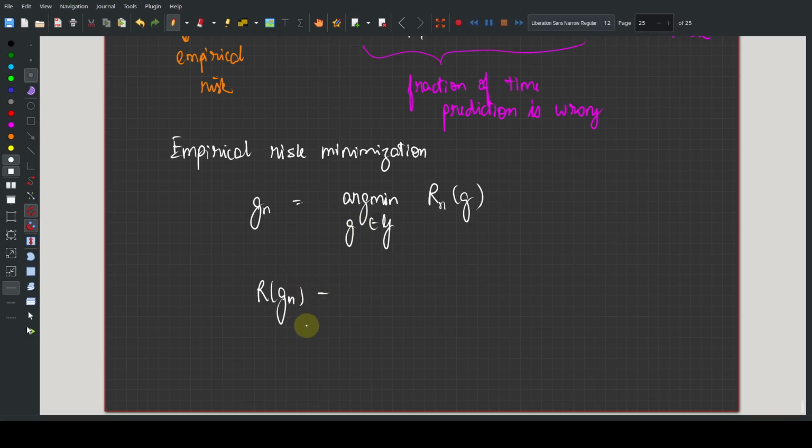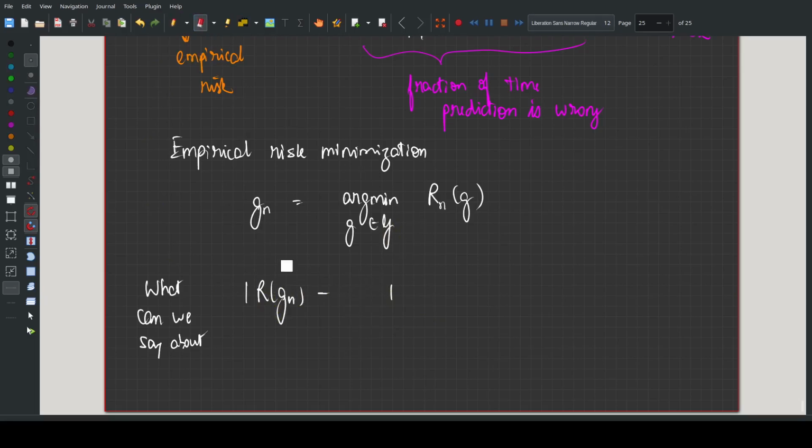So first, let me try to estimate R of Gn minus R of G. How far can the risk be different from the empirical risk?